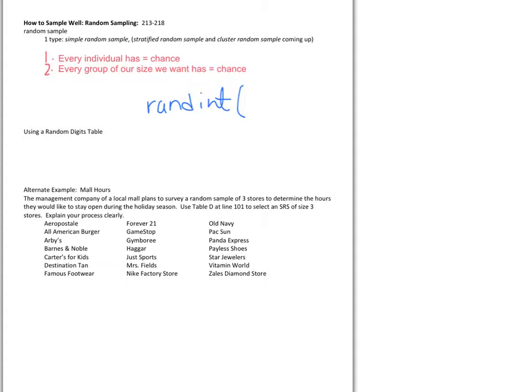So in our case, let's say, I don't know how many stores there are, but let's say there were 20. I would want numbers 1 through 20 to be my random numbers, and I want to pick 3 of them at random. So that's how I do it in the calculator.